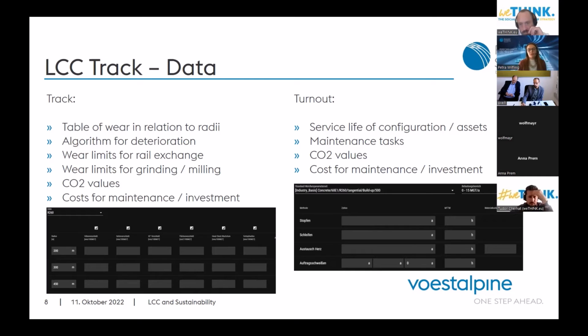Of course, here we have stored the costs for maintenance and investment so that the tool is able to calculate the figures, and also CO2 values for the production, for the transport, and the maintenance tasks.